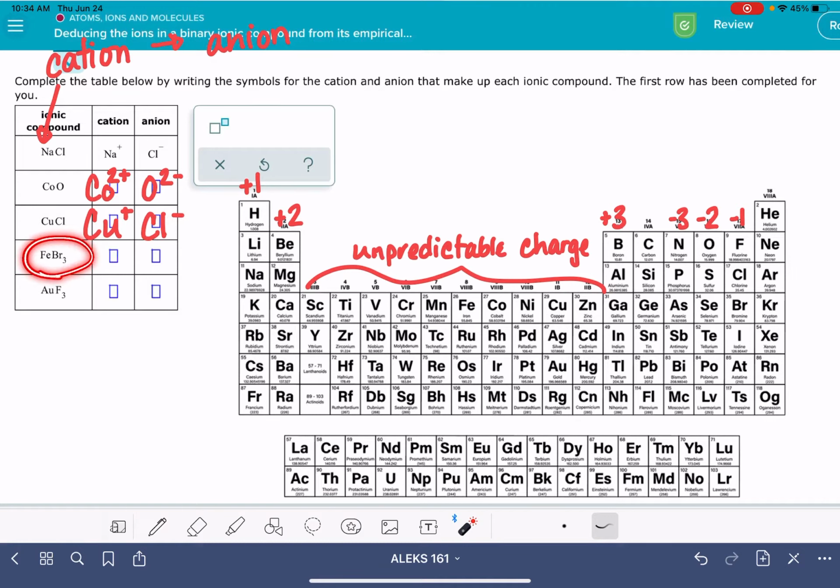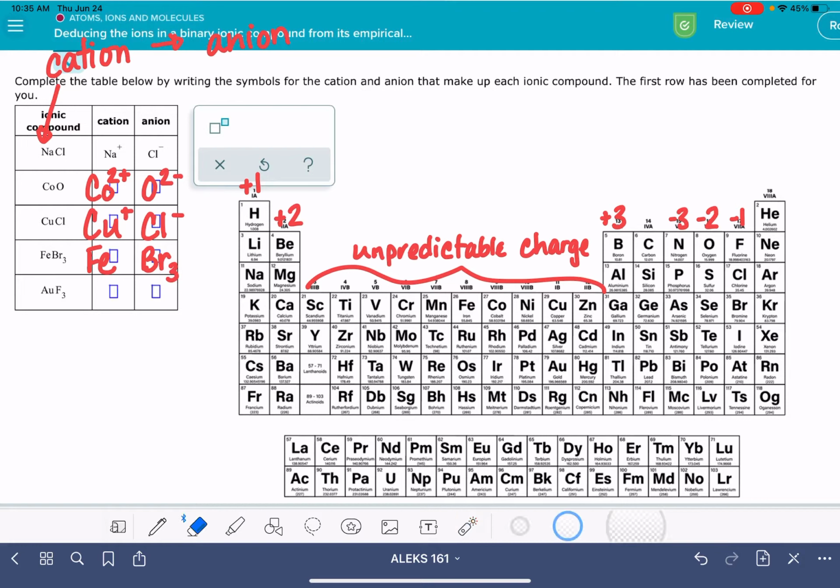Here's our next example. We have FeBr3. Fe, iron, is another one in the unpredictable charge area. Bromide is right here in a -1 charge. So that means our bromide is a -1. Now, let me back up for a second. This is a really common mistake that students make. They see, okay, my cation is Fe, and then my anion is Br3. This little 3 right here is indicating the amount of bromines that you have.